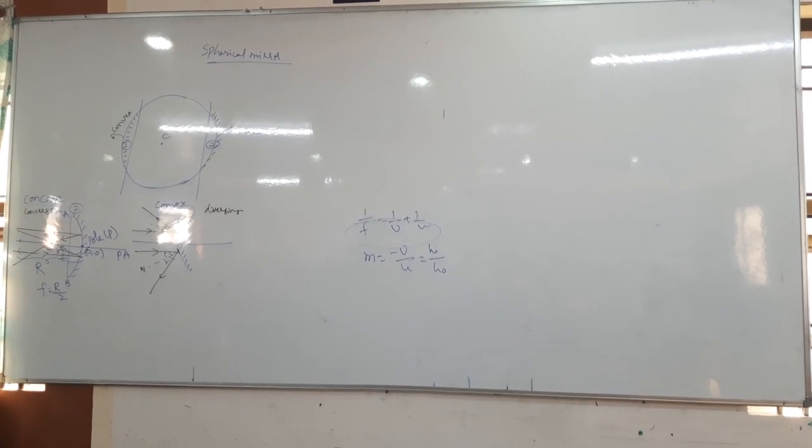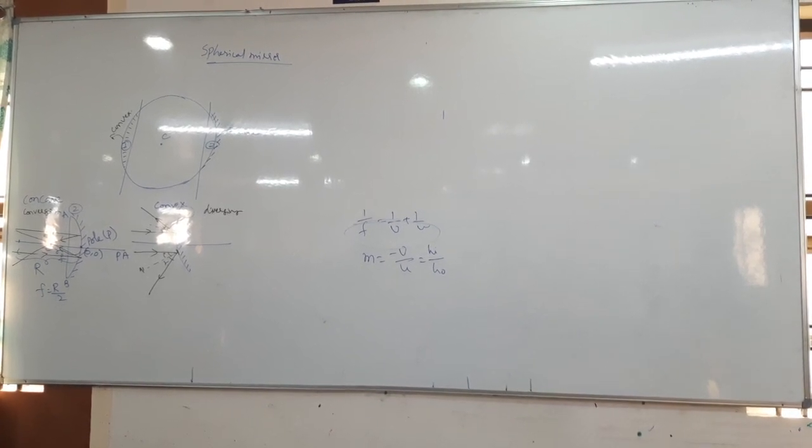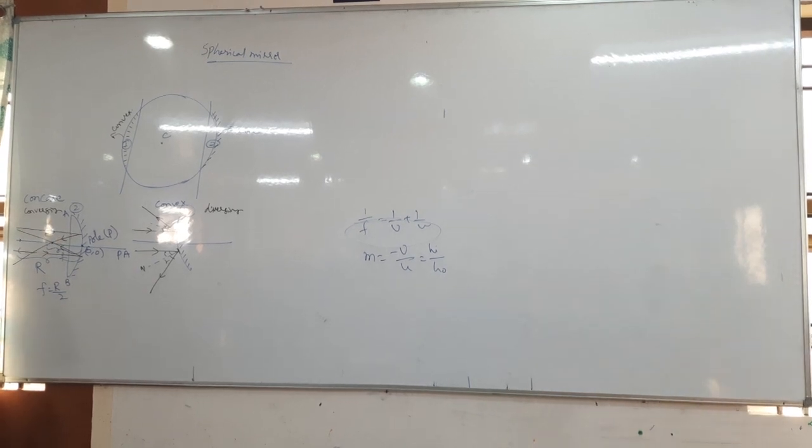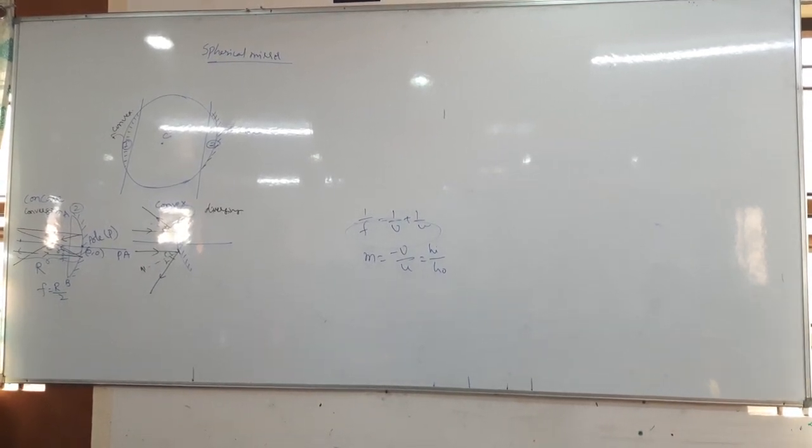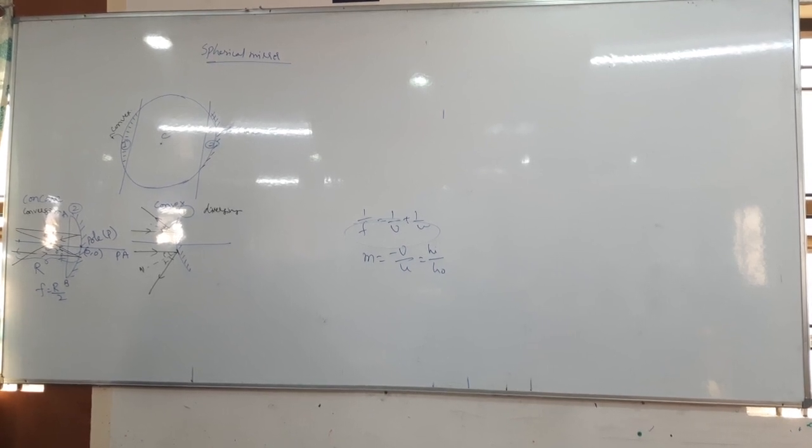Then next one is convex mirror. Outer surface is reflecting. After reflection, rays will move apart from each other, so the mirror is known as a diverging mirror.